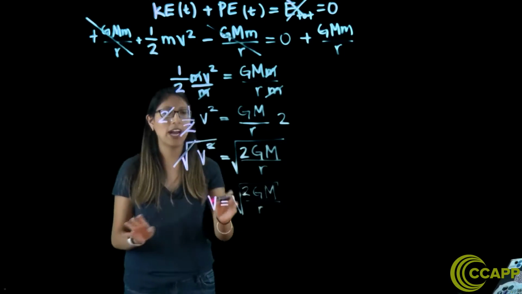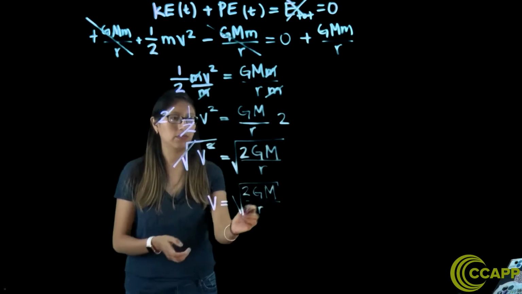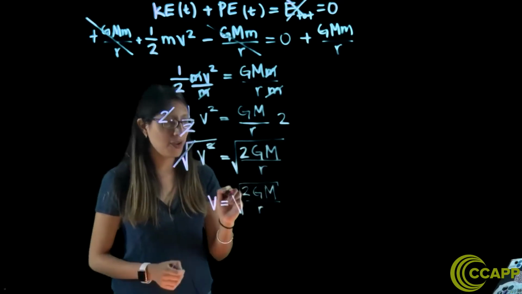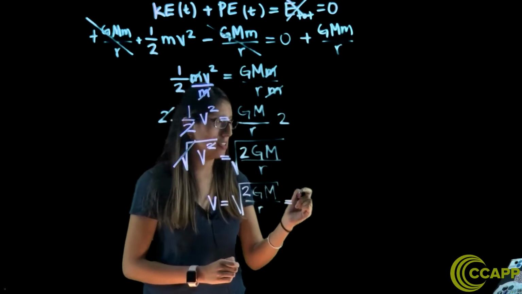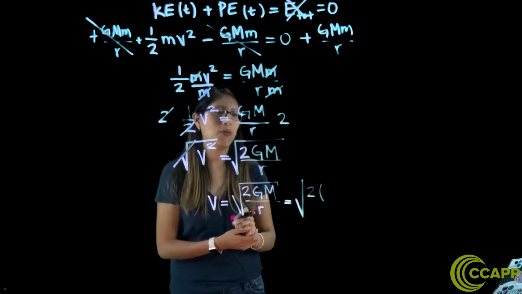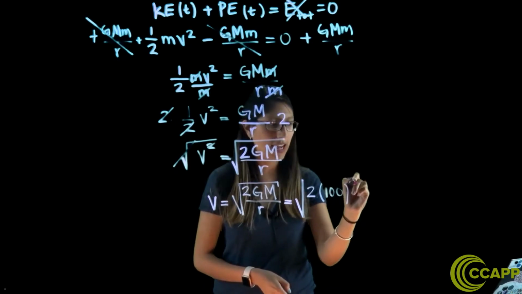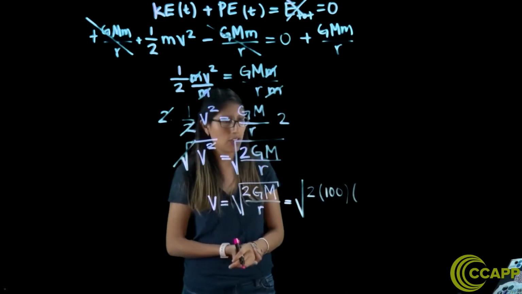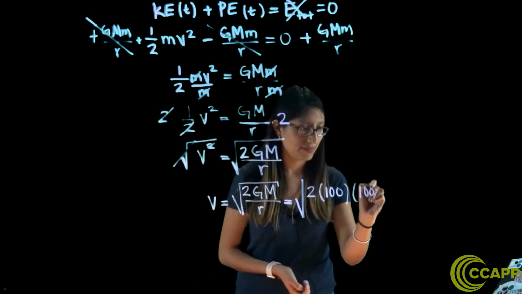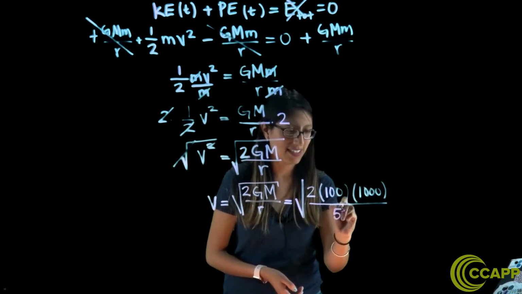Now we have some values for each of these terms in our equation. So we can replace those in this equation now, and we have the square root of 2. So we have our G, and that's equal to 100. And our mass of the Earth was equal to 1,000, which we divide by radius, which we had set to be 50.